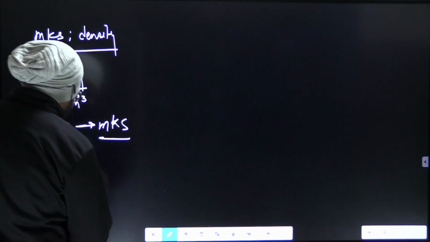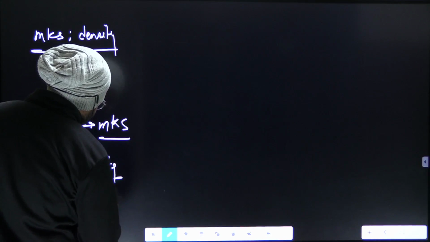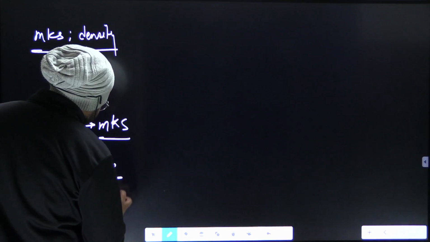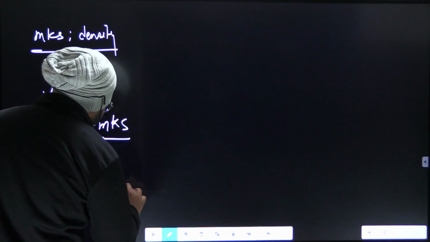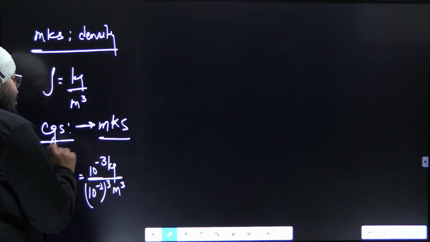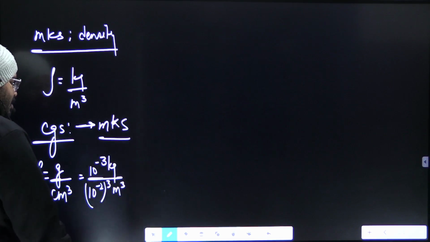So it is 10 to the power minus 3 kilograms upon 10 to the power minus 2 meter, cubed. Because 1 centimeter is 10 to the power minus 2, and the cube of it, because centimeter cube is there.